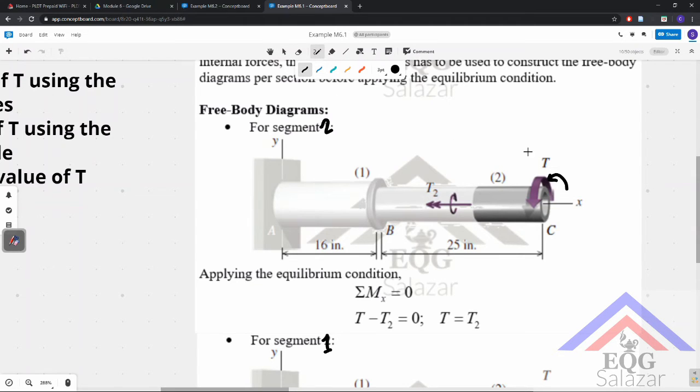Because by the right hand rule, remember that if this is your thumb pointing in this direction, the other fingers of your right hand will curl towards this direction. Okay, so if your moment is rotating in this direction, then this torque will in turn be positive.